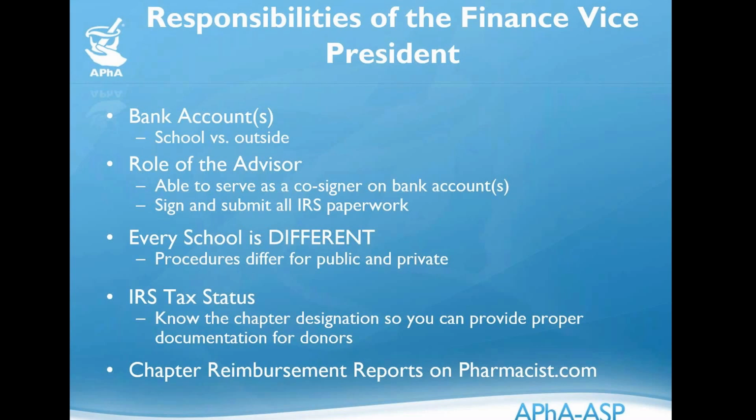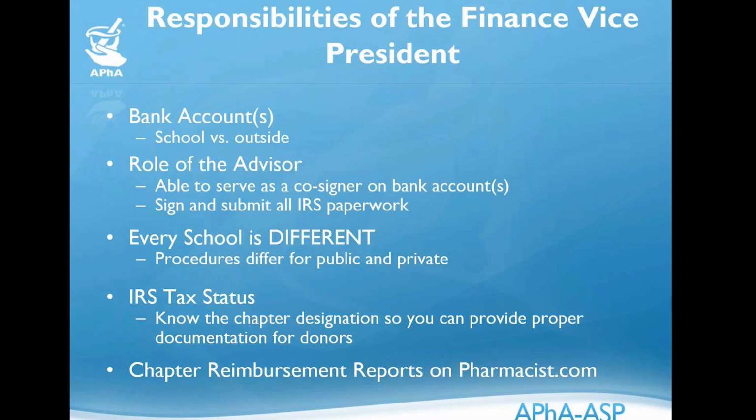It is also important for you to understand your IRS tax status if you are going to accept monetary donations from others. People who do donate money to organizations typically like to have the tax benefit of writing their donation off on their taxes, deducting that from their taxes.